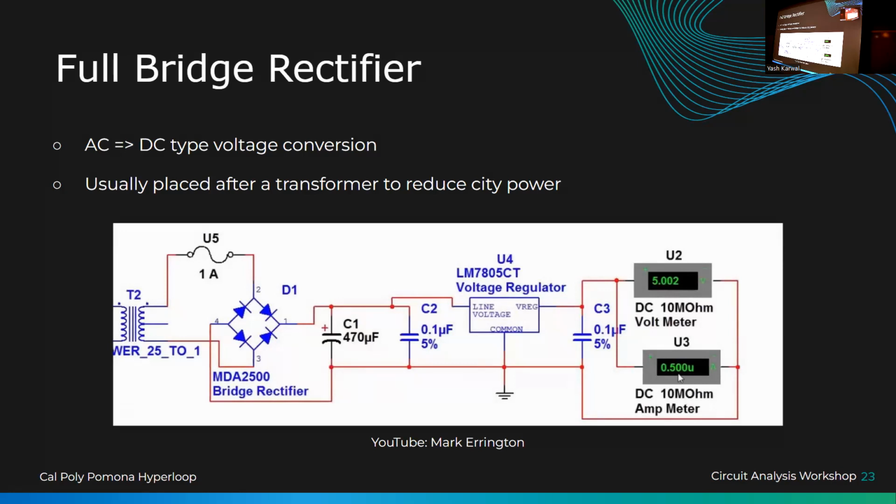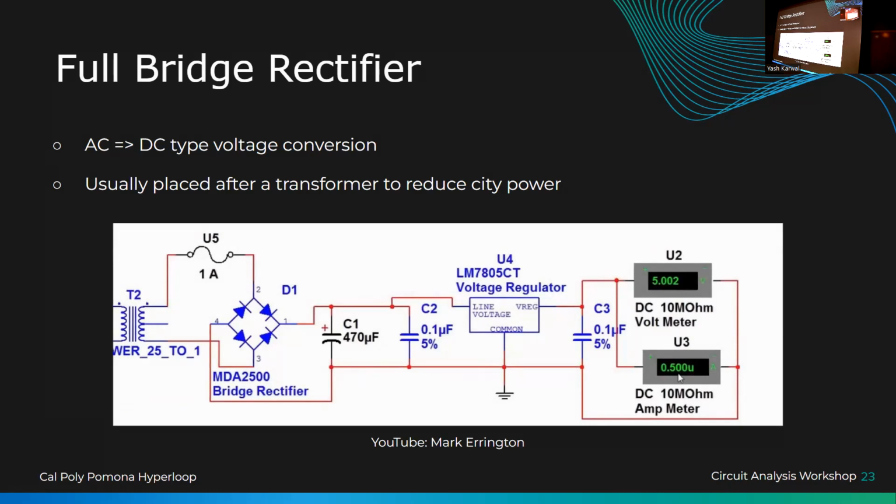Once you go through the diodes, remember that a diode only lets you go into one path. If you follow the path of the positive side, it will flow through one way, and eventually you will get only the positive side. There's no more negative side.